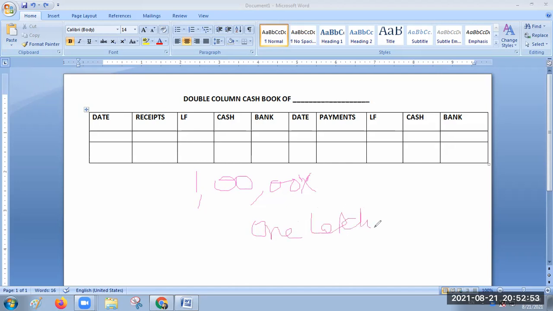You know, in words also we have to mention, in numbers also we have to mention. Here I did not write the correct figure. I missed a 0. If the check is deposited in the bank, it will be dishonored.